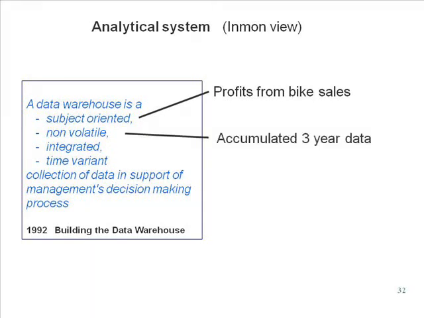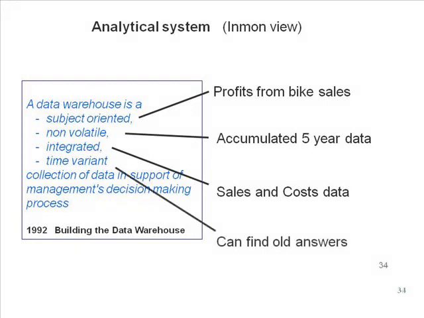It has accumulated, but never deleted, data over a 3-year period, allowing us to see trends. It is integrated because it draws all sales and all cost data into a single resource. And it is time variant in that you can get answers using definitions as they applied at the time the data was collected.